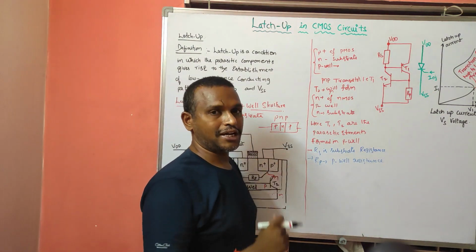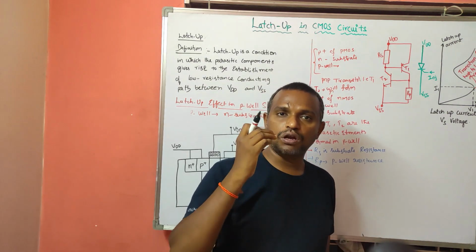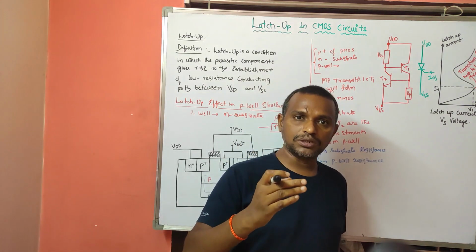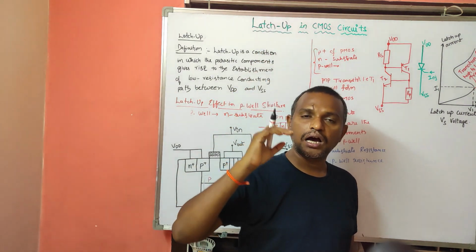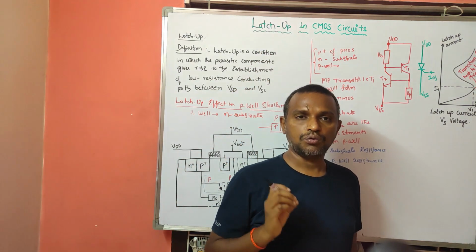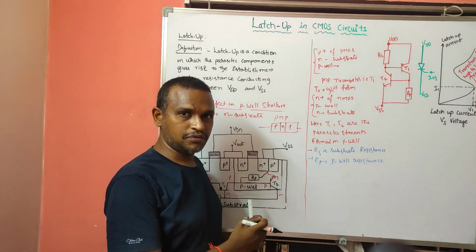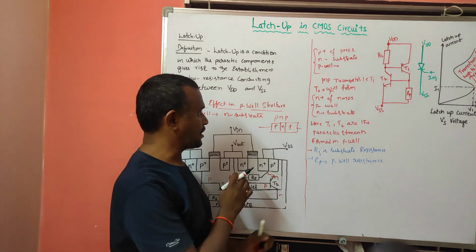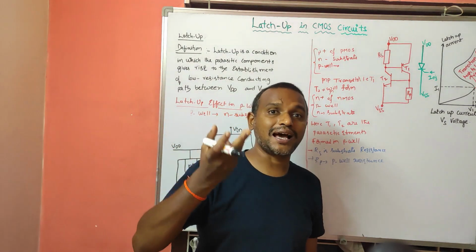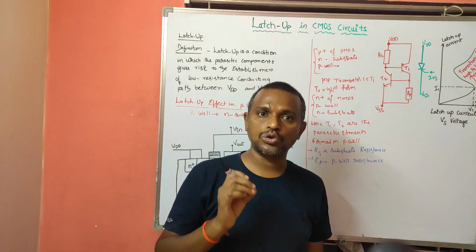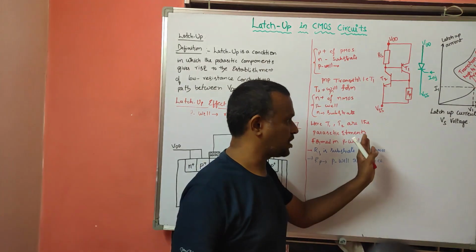Now I am going to explain how these parasitic elements form a low resistance path between VDD and VSS. I have explained how these parasitic elements form, but how they cause the latch-up condition, we will see now.